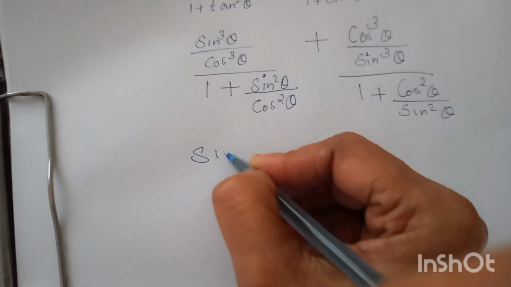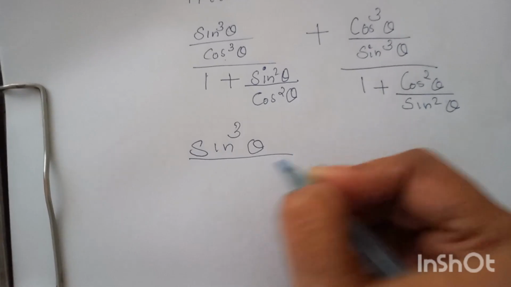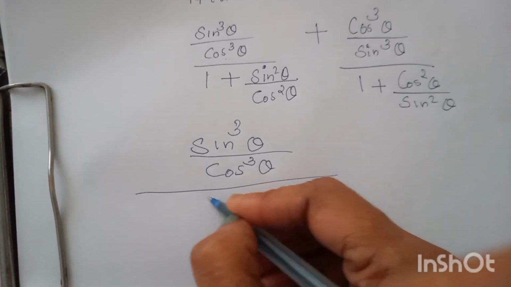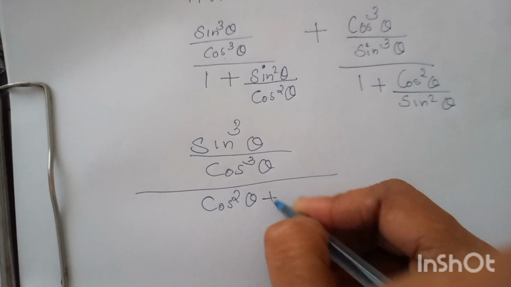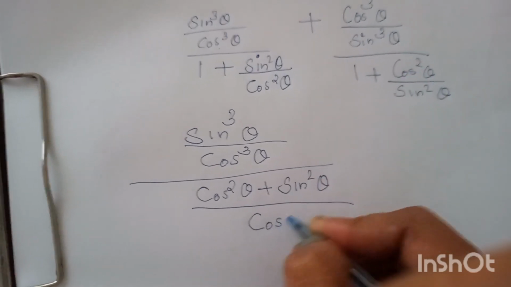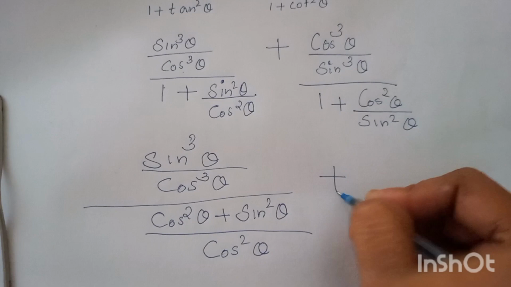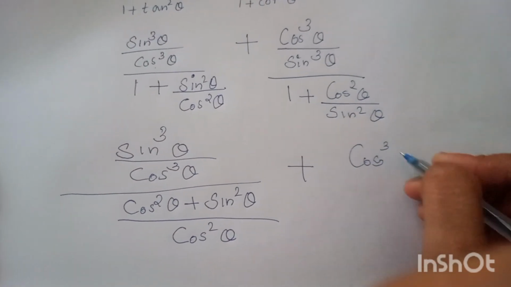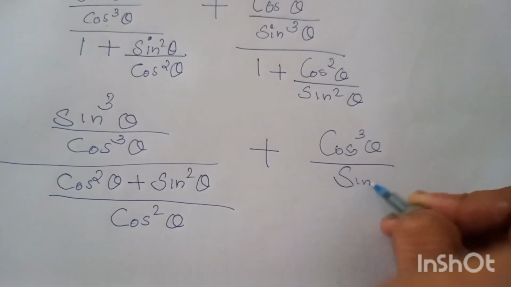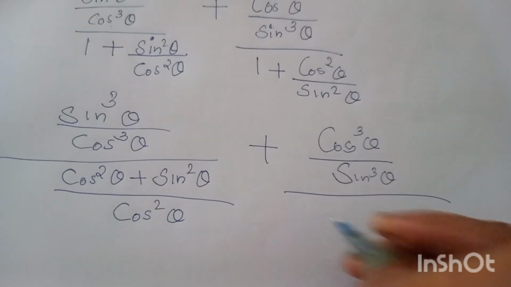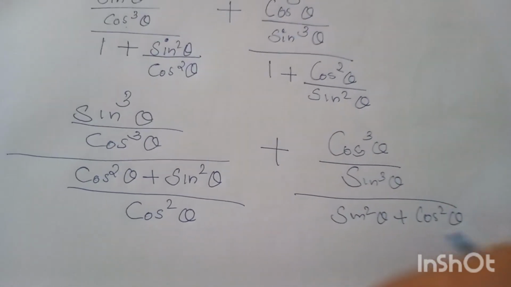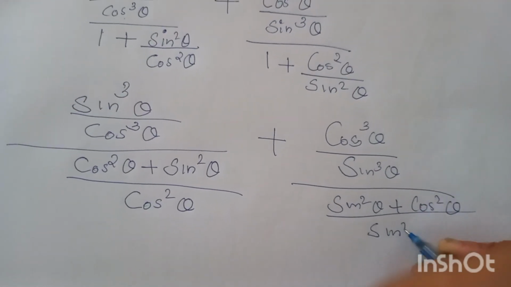That is, sine cube theta divided by cos cube theta, whole divided by cos square theta plus sine square theta whole divided by cos square theta, plus cos cube theta divided by sine cube theta, whole divided by sine square theta plus cos square theta whole divided by sine square theta.